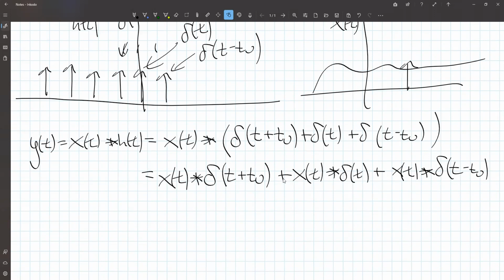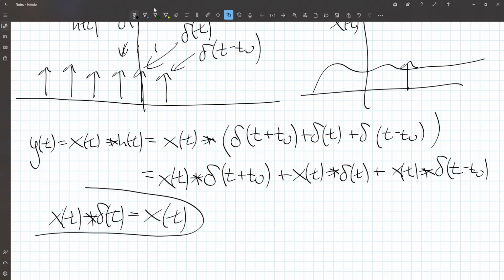And what the sifting property says is that x of t convolved with delta of t is equal to x of t. This is very important, and it's important that you understand this and why that is.